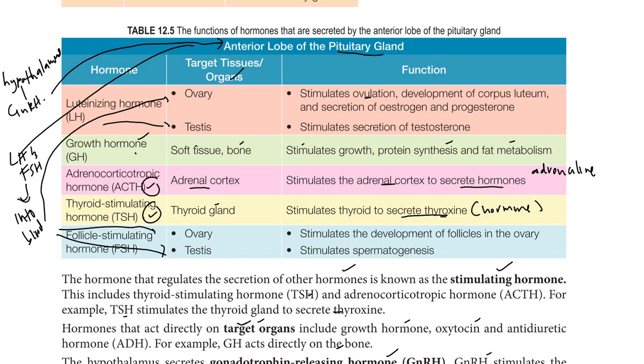Then from the blood, the LH and FSH will travel to the ovary and the testis, and then do their functions.